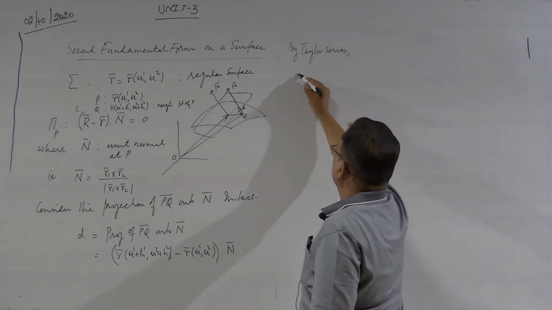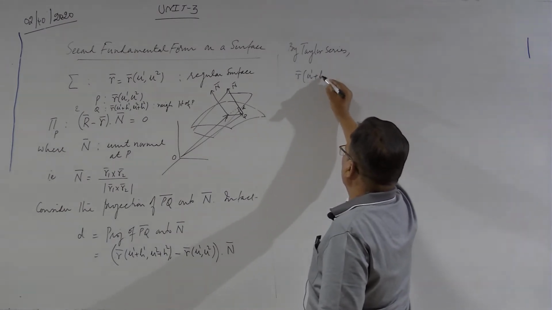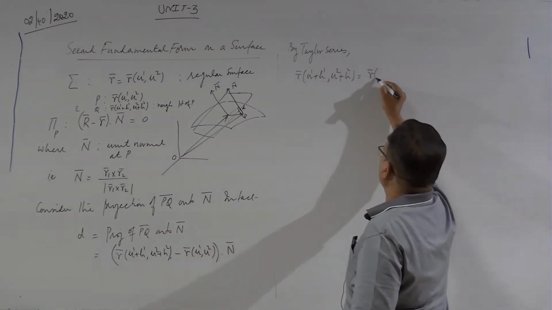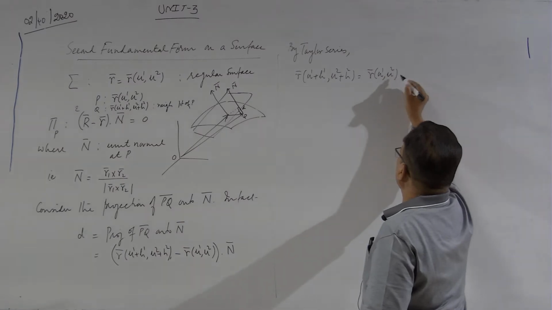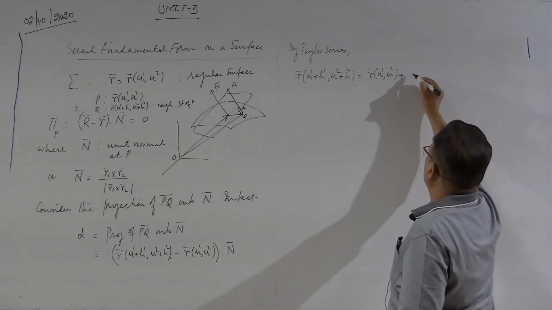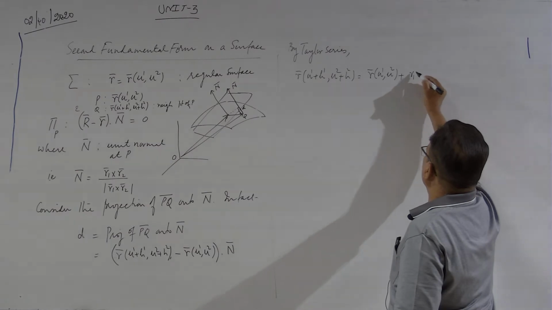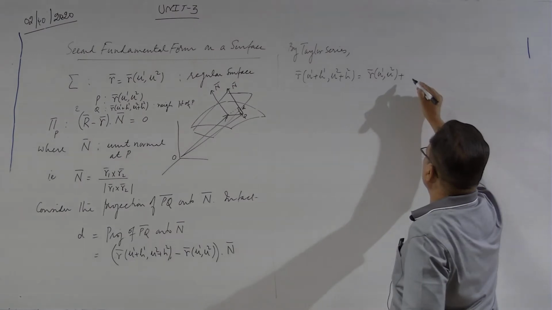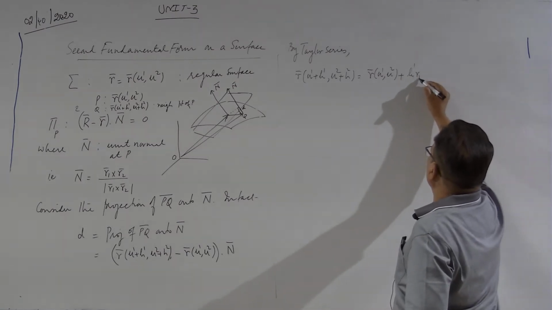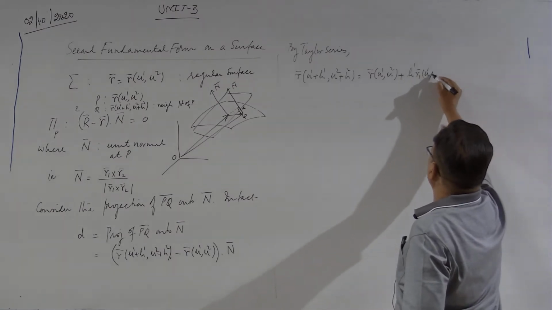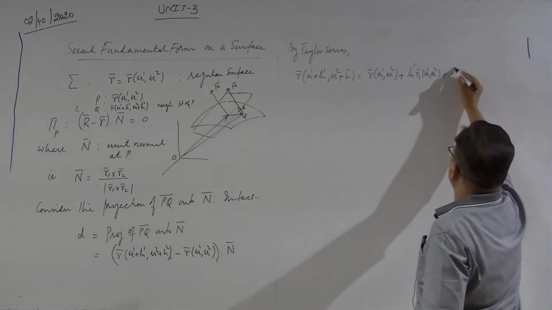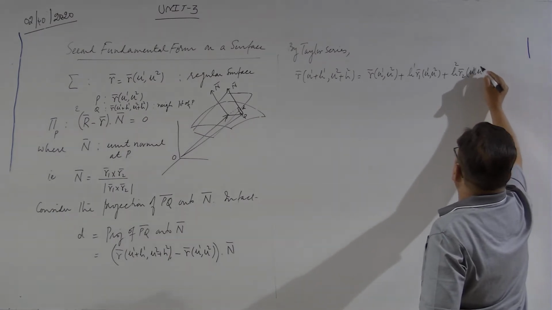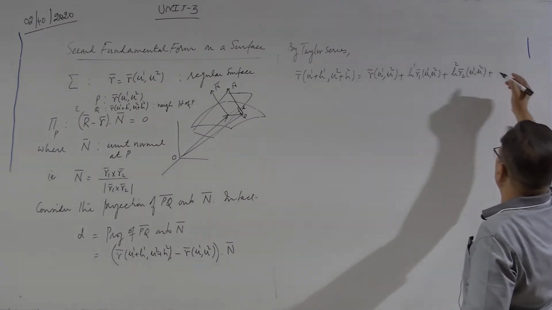We have r of (u1 plus h1, u2 plus h2) equal to r of (u1, u2) plus h1 r1 of (u1, u2) plus h2 r2 at the point (u1, u2) plus higher order derivatives.